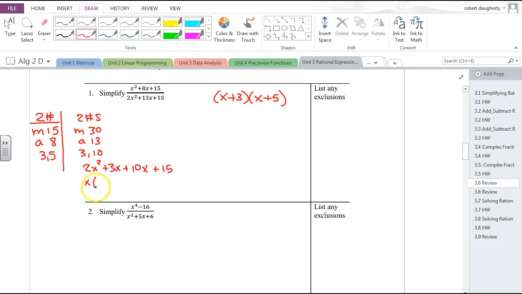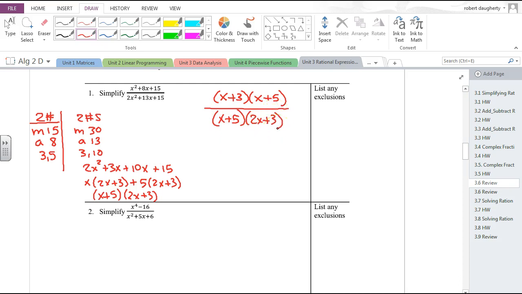Factor by grouping: x times 2x plus 3, plus 5 times 2x plus 3. So this is x plus 5 times 2x plus 3. So the denominator of my original expression is x plus 5 times 2x plus 3.